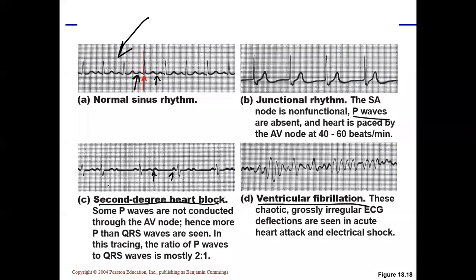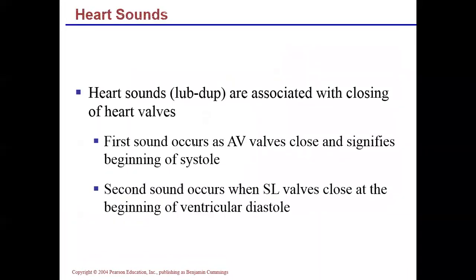All right. So this part you need to take a look at in detail, and review it as much as possible. Now the heart sound can give us more information, and you usually hear the lub-dub sound. When you hear the heart with the stethoscope, you hear the lub-dub, lub-dub, lub-dub.